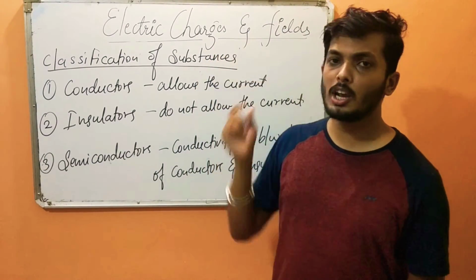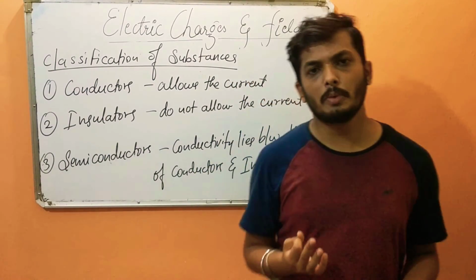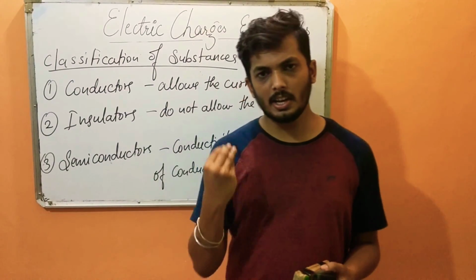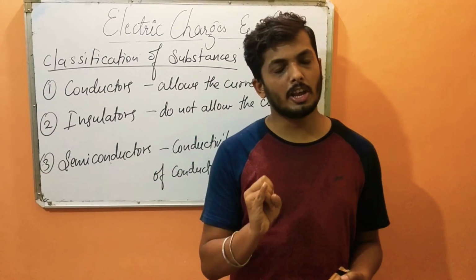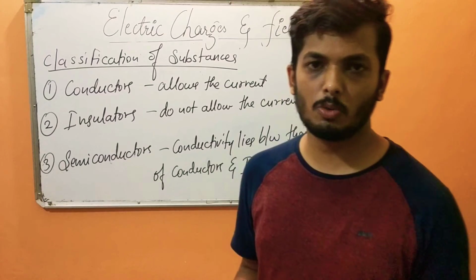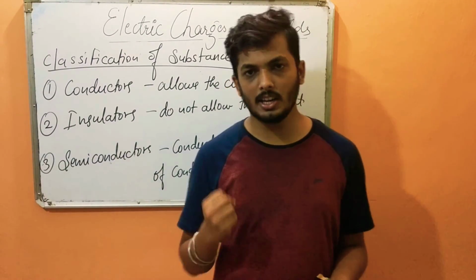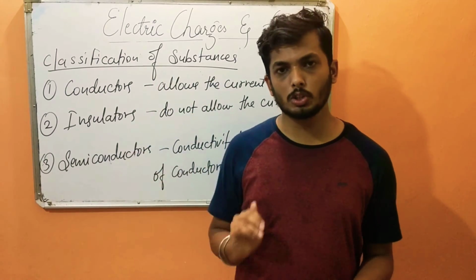And in electrodynamics, current electricity, moving charges and magnetism, electromagnetic induction, and then optics, ray nature of light and wave nature. And the fourth one is modern physics: dual nature of matter, atoms, nuclei, and electromagnetic waves. So that was the brief introduction of your syllabus.